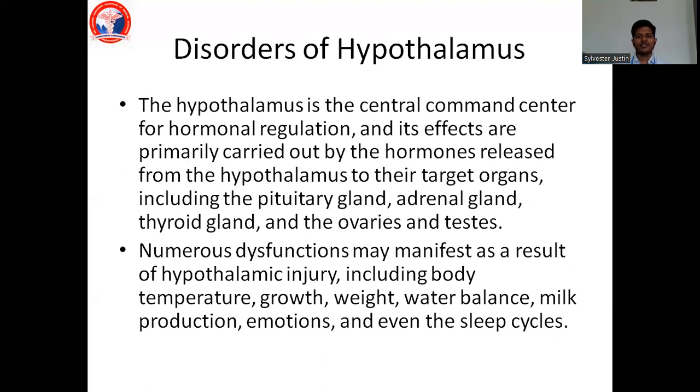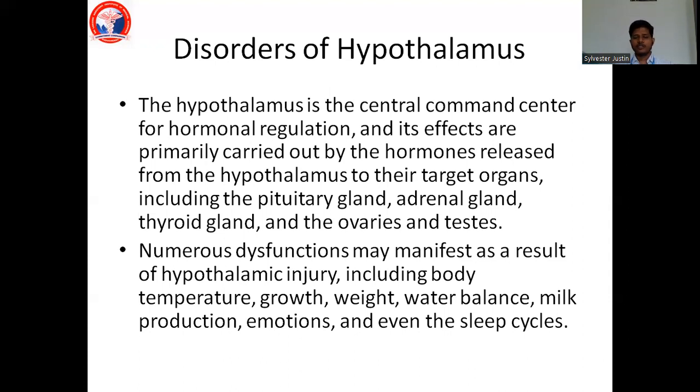Now that we have had this overview of the endocrine system, let's discuss the hypothalamic disorders in particular today. So the hypothalamus is the command center for hormone regulation. From there, it gives signals to the pituitary, which further goes on to act upon everything: thyroid gland, ovaries, testes, adrenal gland, everything.